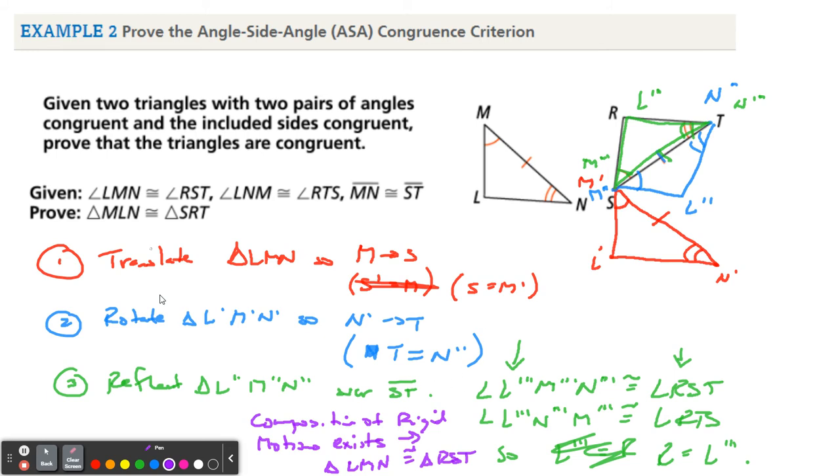Oh, I'm sorry, MLN. You should use their lettering, right? Anytime you do a proof, you should use their lettering. Why would they go out? I don't know. So MLN, I'm just following this, is congruent to triangle SRT. And this proves the angle side angle congruence criterion.